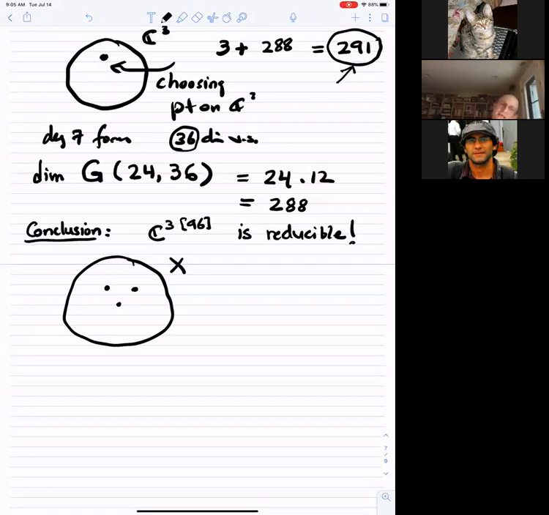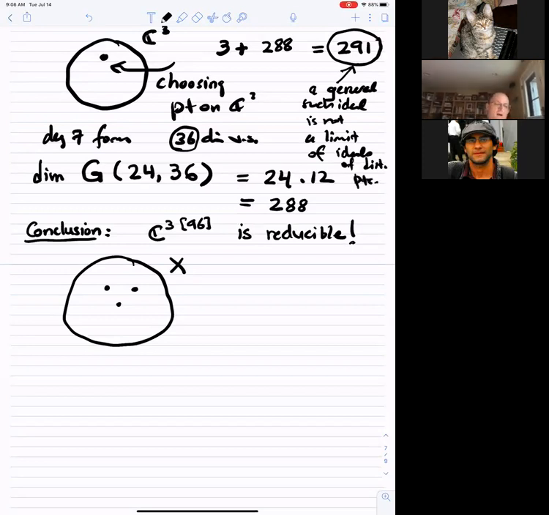But what this is saying is that if you look at the Hilbert scheme, if you take a general point in this component, then it's not a limit of distinct points. So a general such ideal is not a limit of ideals with distinct points.